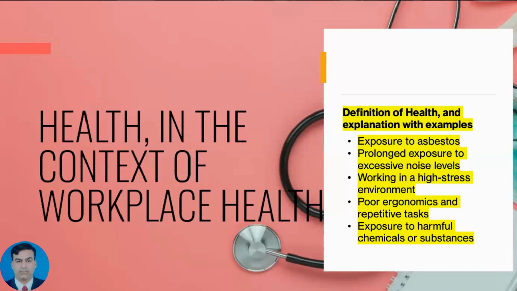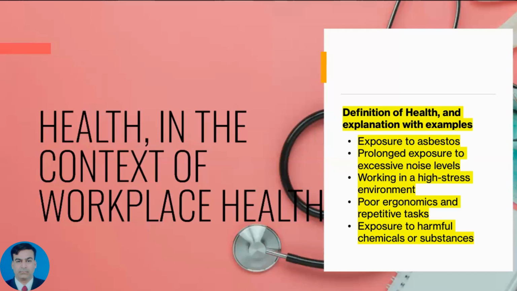Exposure to harmful chemicals or substances without proper safety measures can result in occupational disease. For example, prolonged exposure to toxic fumes or substances without appropriate respiratory protection can lead to respiratory illness or chemical poisoning.